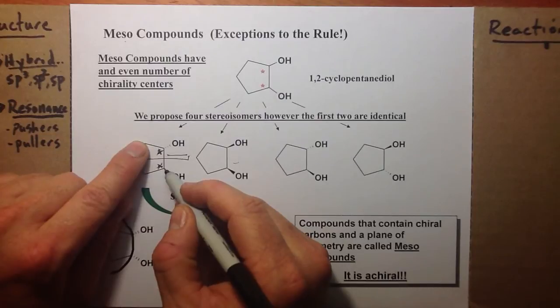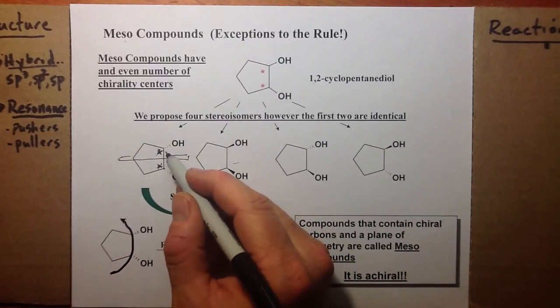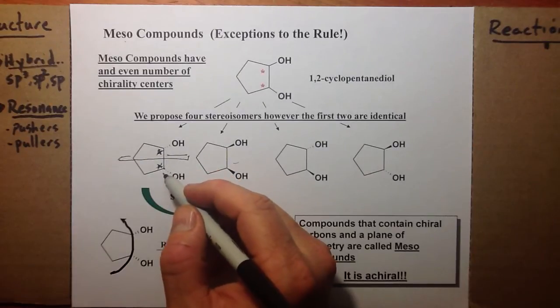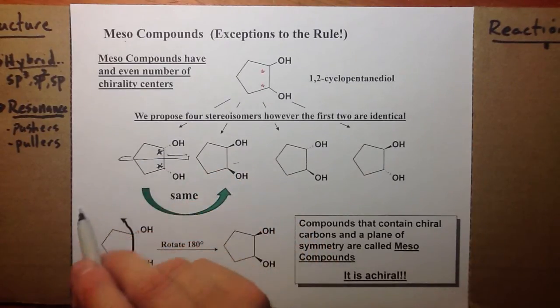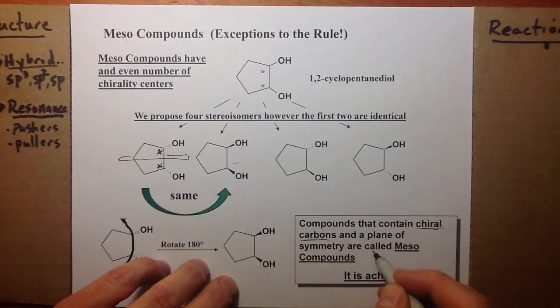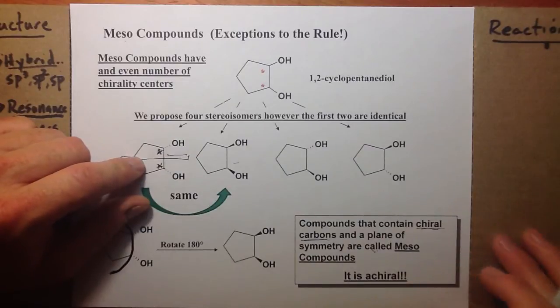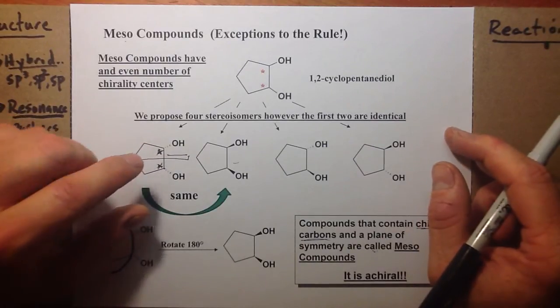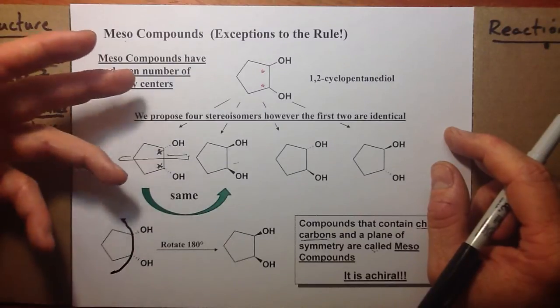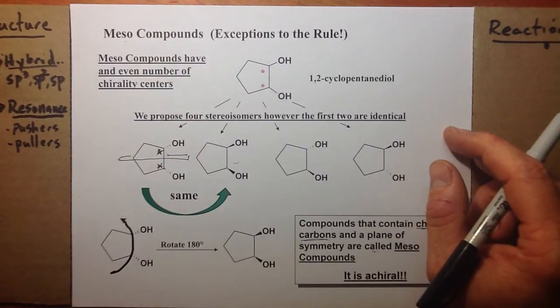This branch is different from this branch, going this way compared to this way, and there's a hydrogen off of it. And the same is going to be true for this one. So it has asymmetric centers, or chiral carbons, and a plane of symmetry. These molecules are called meso compounds, and they're not enantiomers of anyone. They're not chiral. You have to be chiral to be an enantiomer of someone.